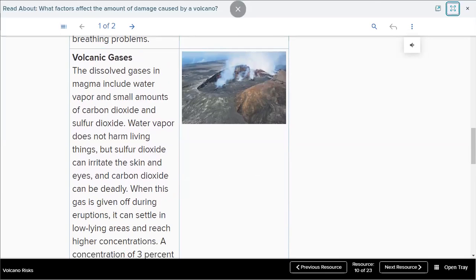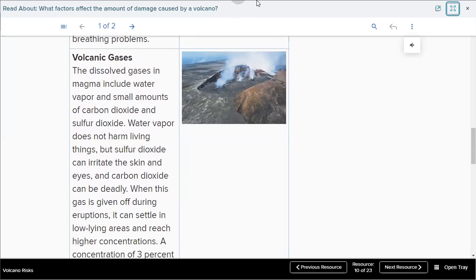So these are the volcanic gases which are produced from a volcano. All these gases are poisonous gases. They can mix with air and finally can cause death, or problems in breathing, and problems in our eyes and skin.